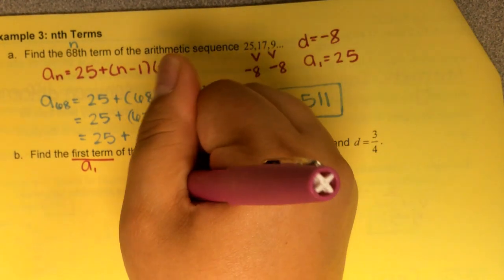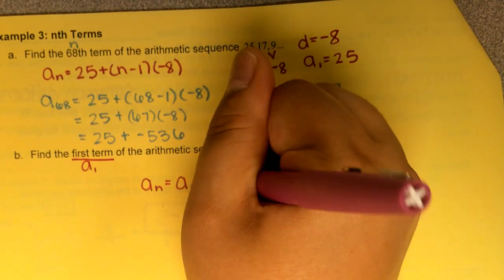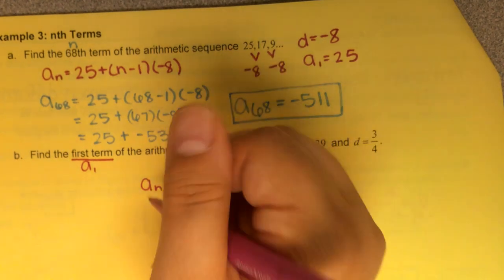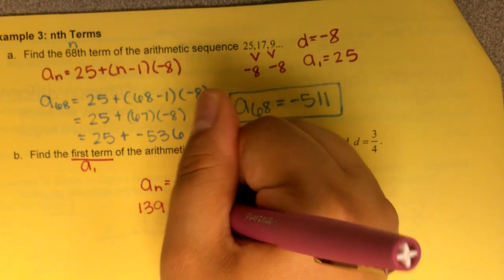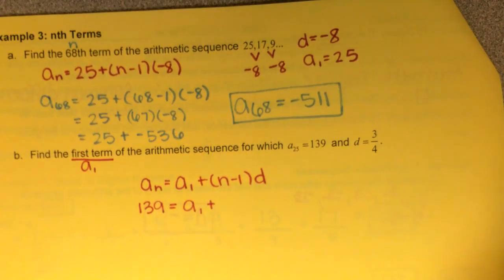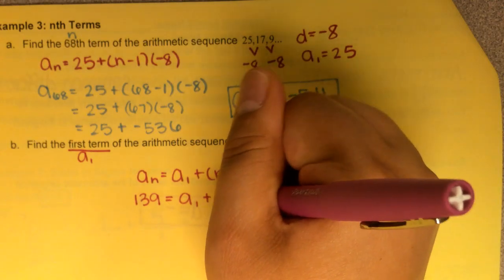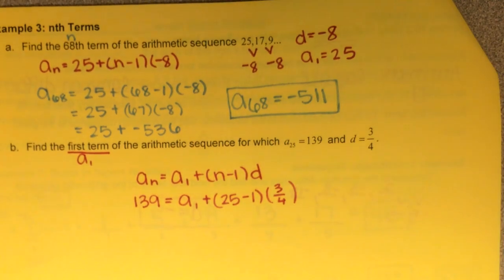So I know the formula is A of n equals A of 1 plus n minus 1 times d. So this is going to be 139 equals A of 1 plus, what's my n here? 25 minus 1 times 3/4. Y'all solve for that, please.